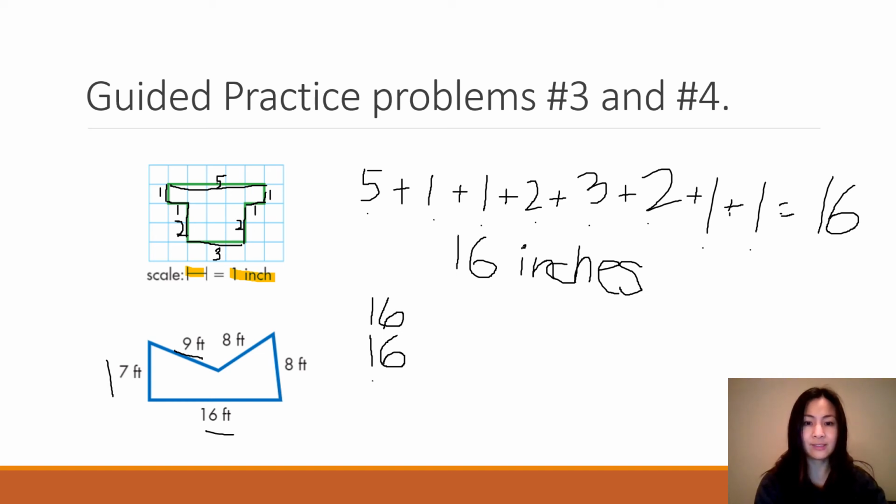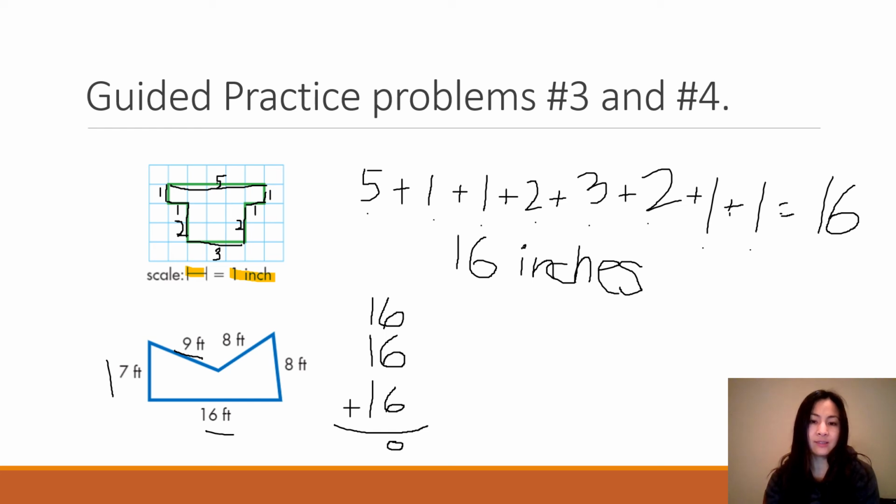My goodness. All right, so maybe we can stack them up and do column addition this time. 16 plus 16 plus 16. All right, well, what do you think? 6 plus 6 plus 6. Maybe you can think about skip counting. 6, 12, 18.